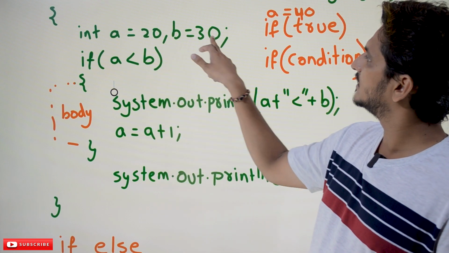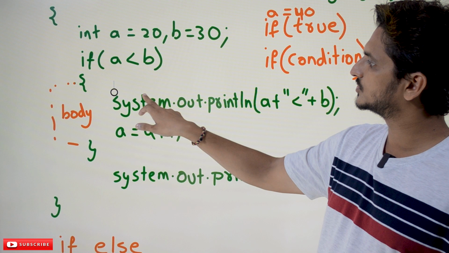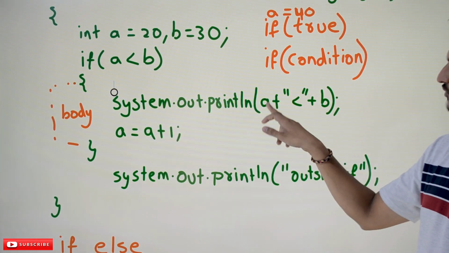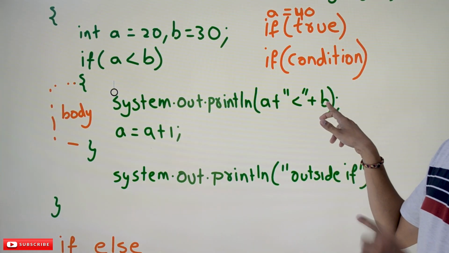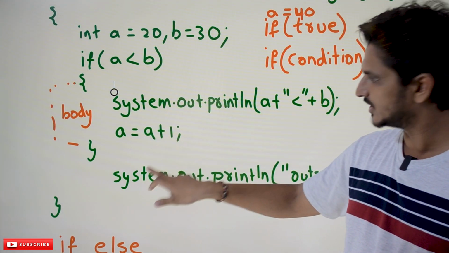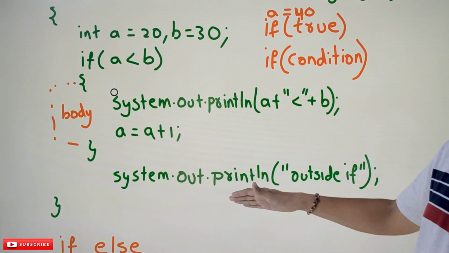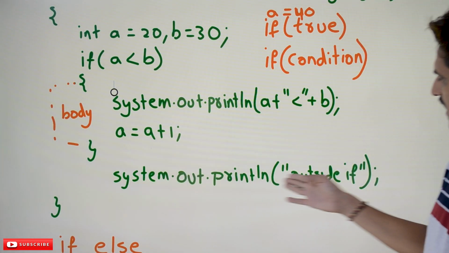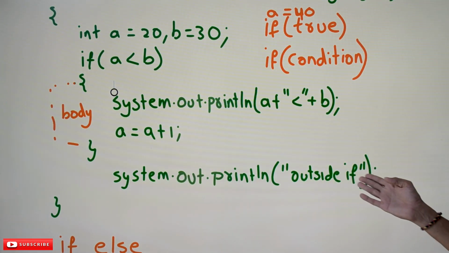So a is 20, 20 less than 30, this condition is true. System.out.println of 20 less than 30. This is the output. Then a is incremented to 21. After that, it is going to execute the remaining statements after the if statement. What is the remaining statement? System.out.println of outside if.